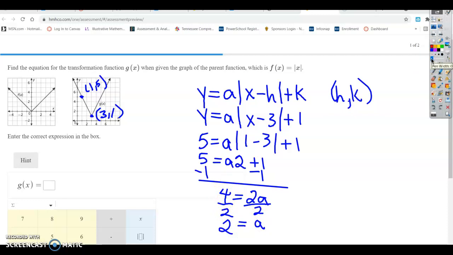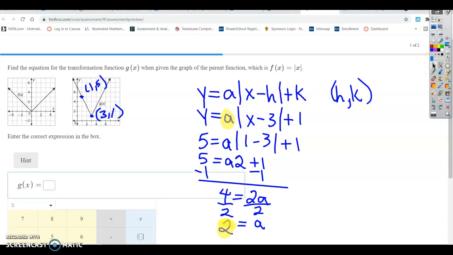All right, so we're going to take a and substitute that in our formula here, and that should be our equation. We're going to have g of x instead of y, but that's okay.